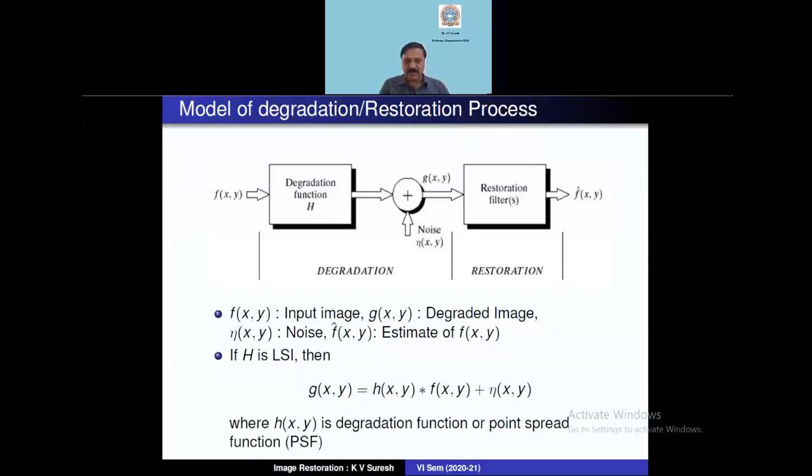What is the advantage? If I assume the system to be LTI, what advantage will I have?